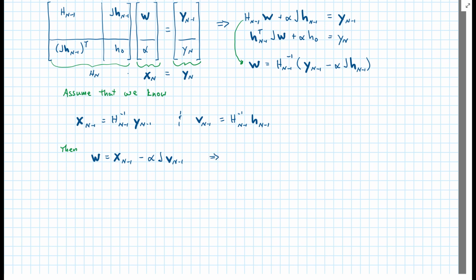From these, we get that alpha is equal to y n minus h n minus 1 transpose j x n minus 1, all over h0 minus. This should all look somewhat familiar at this point.